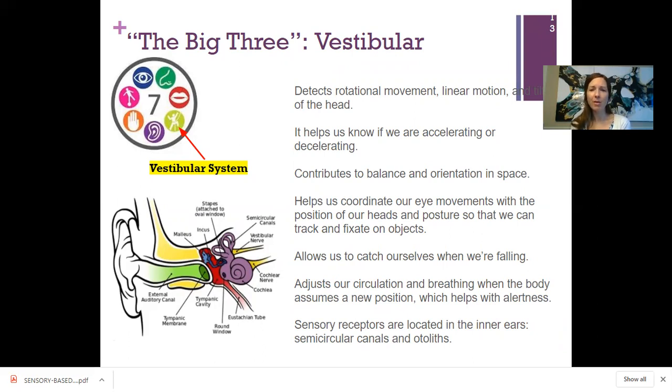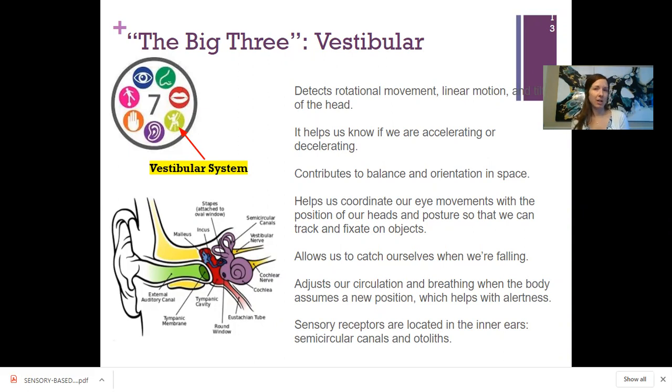And then the vestibular system, and we're going to talk about this in a little bit, also has some functions that have to do a lot with our visceral reactions. So for example, if our vestibular system notices that our body has adjusted, it might adjust our circulation and our breathing to help support that position.